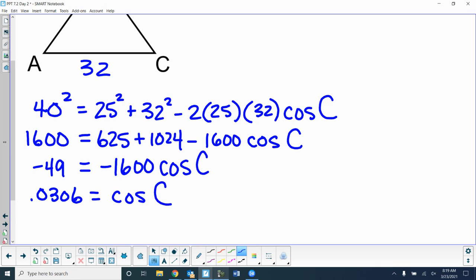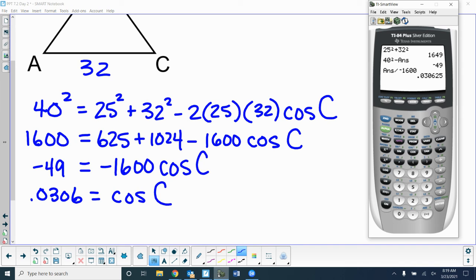Since the cosine of C equals that, this is the point I get inverse cosine, right? Second cosine, second answer. So just remember, you're doing law of cosines now, don't hit second sine like you did last week, because you're not using law of sines. So we get 88.2, Mason.